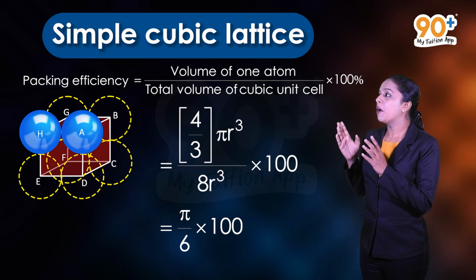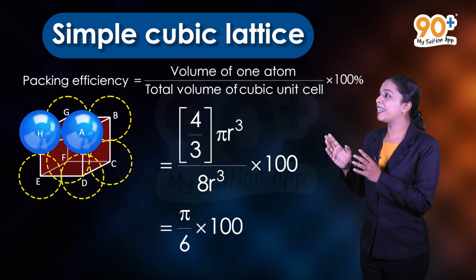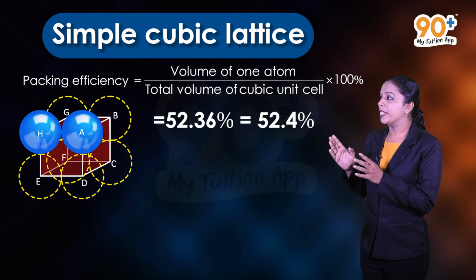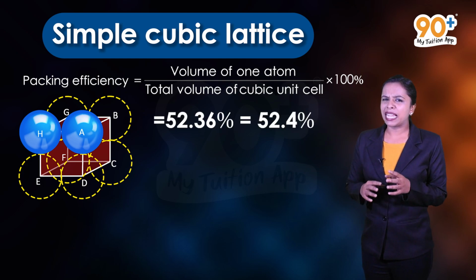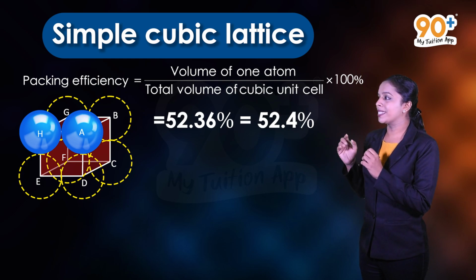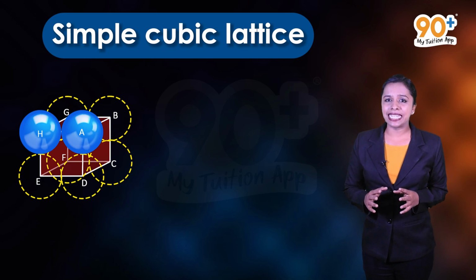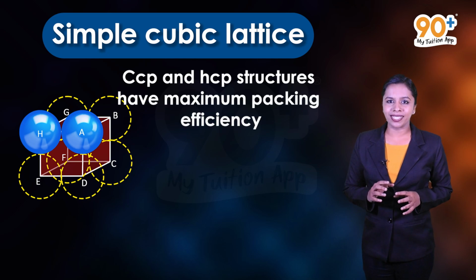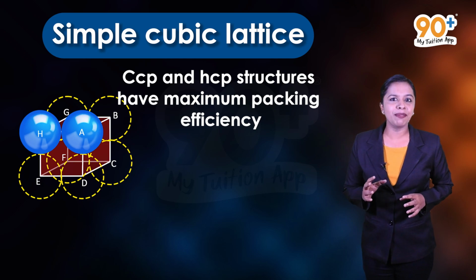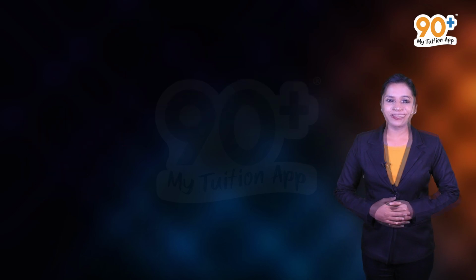That is equal to pi into 100 divided by 6. That is equal to 52.36%. That is approximately equal to 52.4%. Thus, we can say that cubic close-packed structure and hexagonal close-packed structures have maximum packing efficiency.